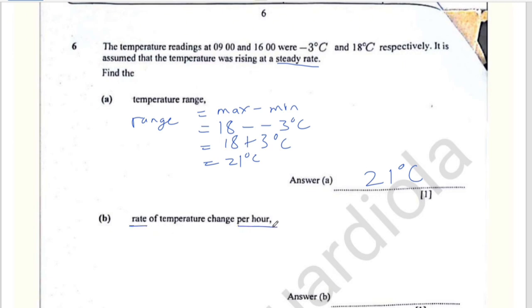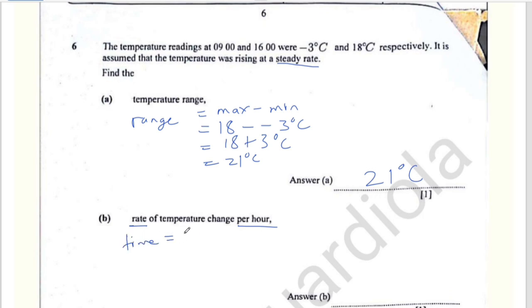Now, the next question says, find the rate of temperature change per hour. The rate means that there's a time factor, and the time period you've been given is per hour.